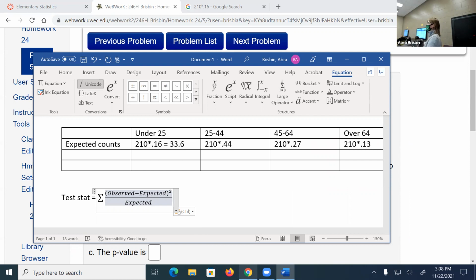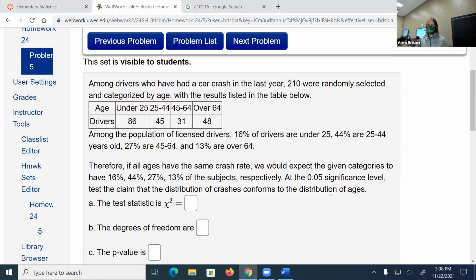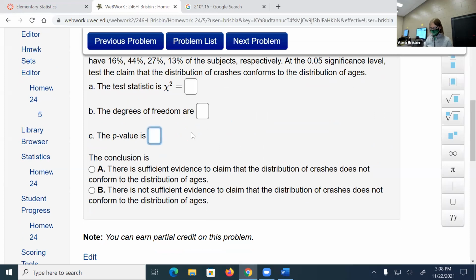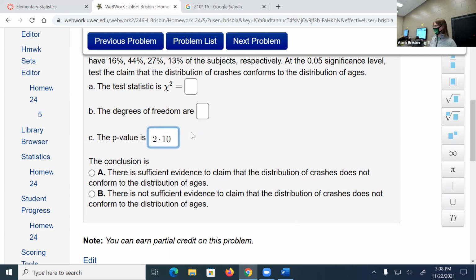Is there a way that you can type in like times 10 to the whatever power? Because typing out like 22 zeros for that value. Yes, so you should be able to do like 2 star for multiplication, 10 and then caret. So like shift in the number 6 to get a superscript, -7 or whatever it is.